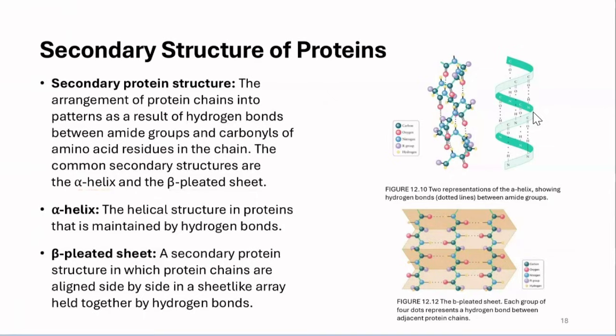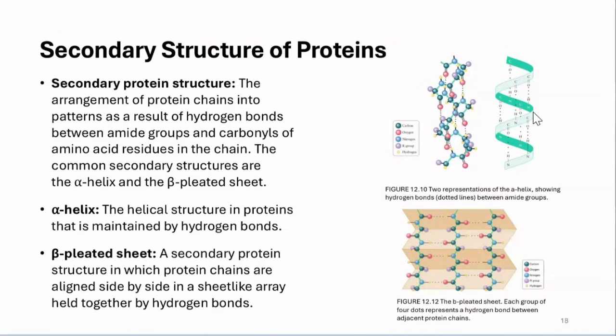In an alpha helix, which is what we have specifically in figure 12.10, what we see is, in essence, hydrogen bonding events that form a helical structure.